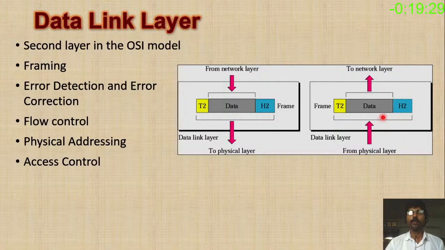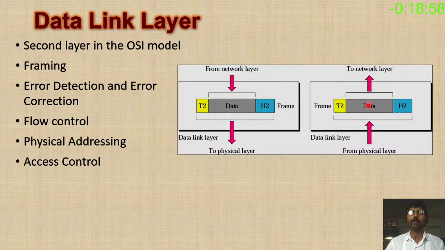So it is the job of the data link layer to check whether the data frame contains any errors. For that, additional information is added at the trailer side, and it will identify whether the frame is corrupted. If possible, it tries to correct the error. This is called error correction.